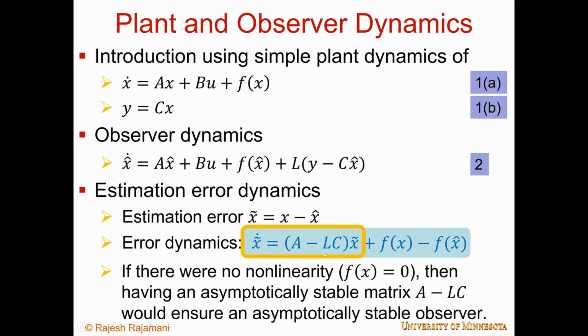So in this case, if A, C is observable, then you can choose L to place the eigenvalues of A minus LC at any desired locations, and you can make the observer asymptotically stable. But now, because of the nonlinearity, you have this extra term here in the error dynamics, f of x minus f of x hat. And so we have to stabilize the observer in the presence of this term.